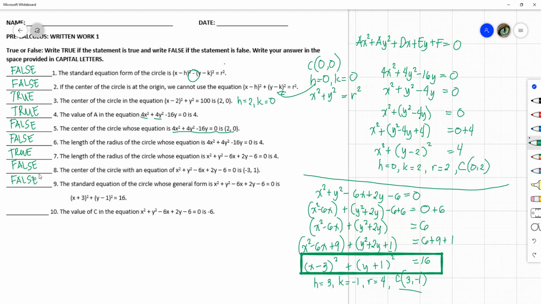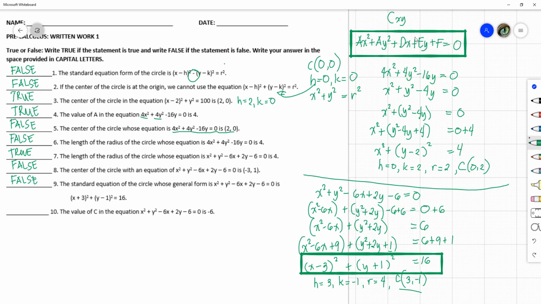And the last one, number 10. The value of C in the equation x squared plus y squared minus 6x plus 2y minus 6 equals 0 is -6. Now, take note, this is our general form of the circle. As we can see here, we don't have the letter C. The real number C is the numerical coefficient of our xy term, and we don't have xy here.